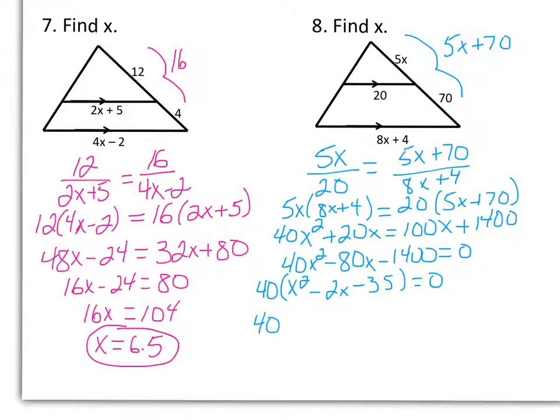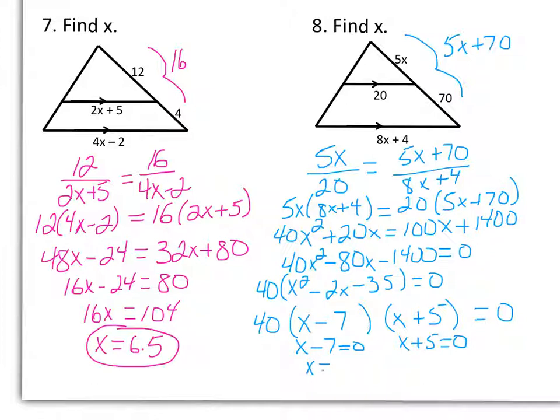So keeping that 40 out front, making 2 sets of parentheses, factoring x squared, and then finding factors of negative 35 that subtract to give me negative 2. So those factors are x minus 7 and x plus 5. Then, to solve for what x is, set each of these factors equal to 0.